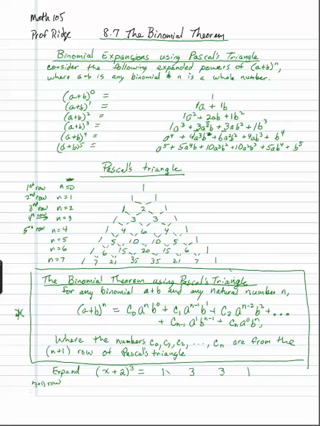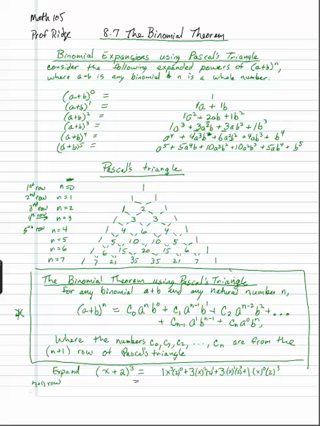Notice that the powers are going to be the first term cubed, second term 0. First term squared, second term to the first. First term to the first, second term squared. First term to the 0, second term cubed.